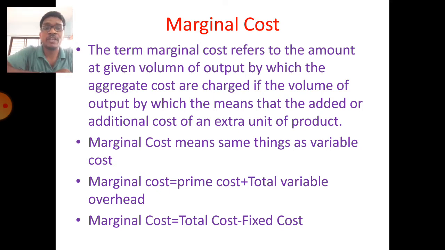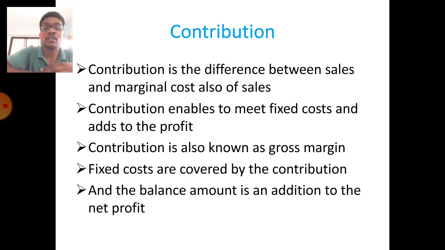The next most important point in this chapter is contribution. Contribution is the difference between the sales and the marginal cost of sales. Contribution is used to meet the fixed cost, and the balance amount is added to the net profit.